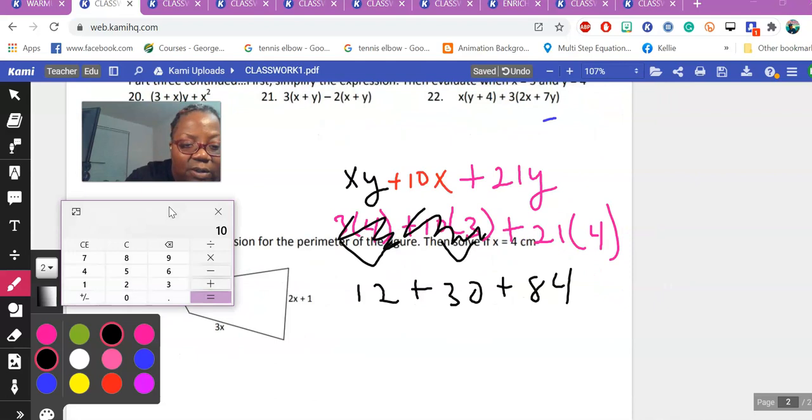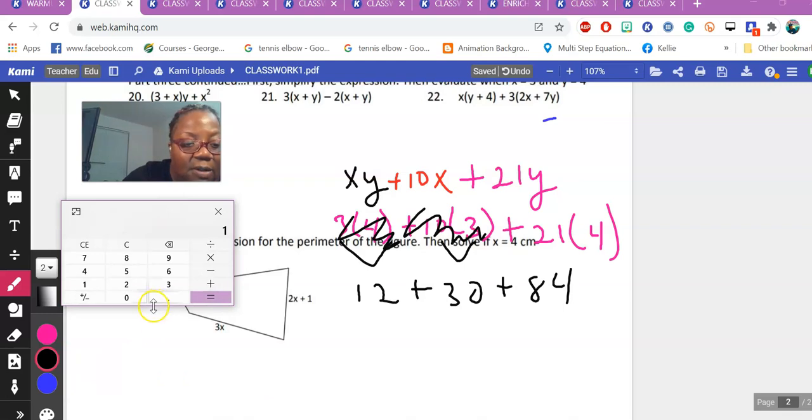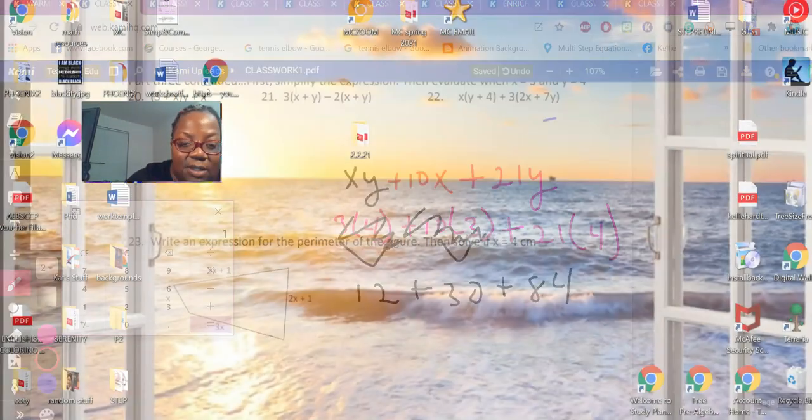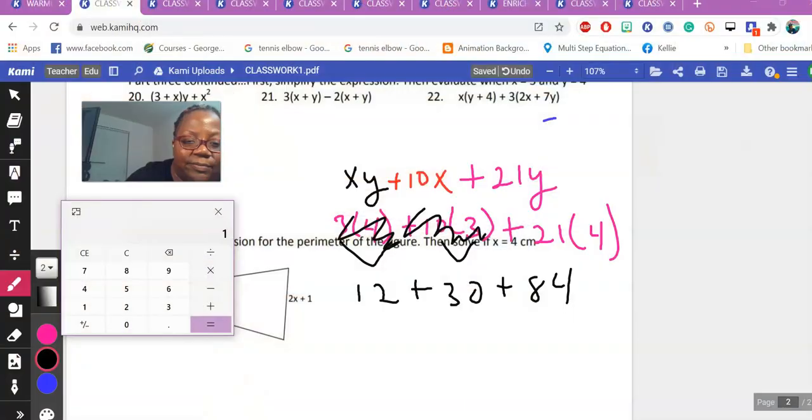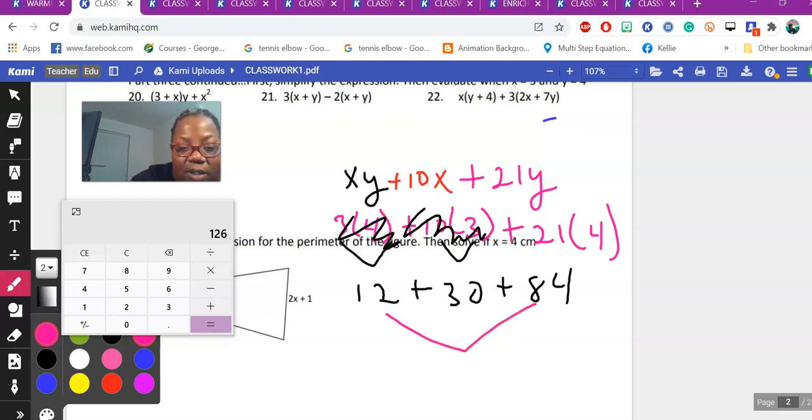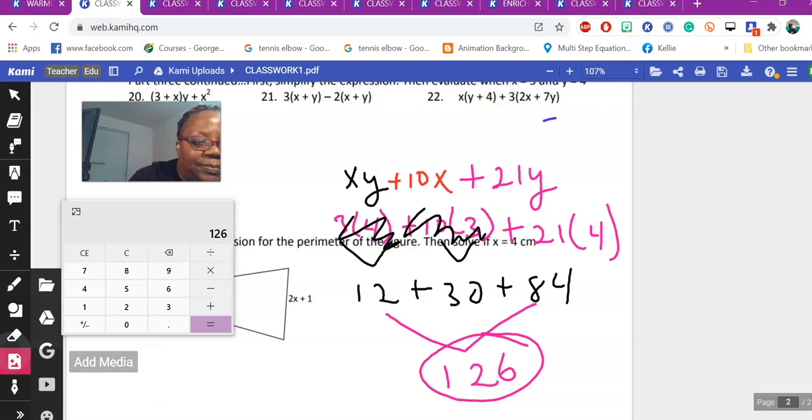So you have the 12, 12 plus 30 plus 84. Total answer here, if I did it right, it should be 126. There it is.